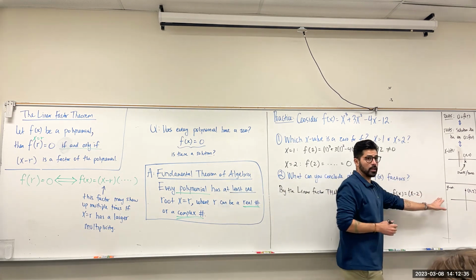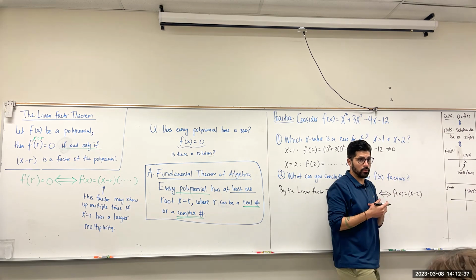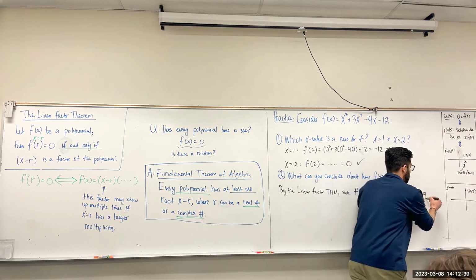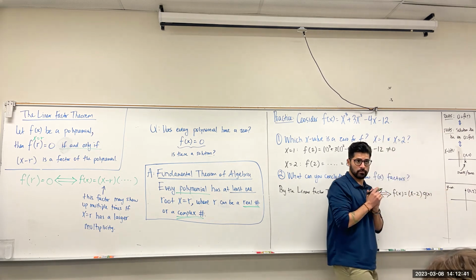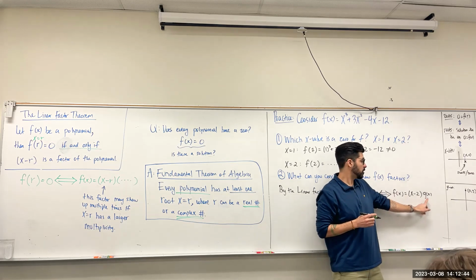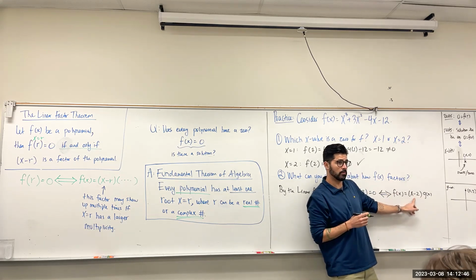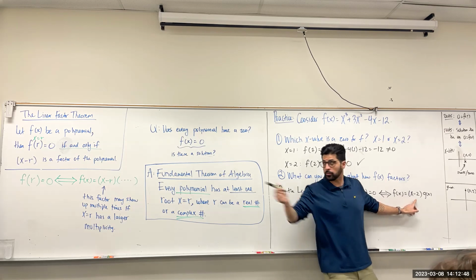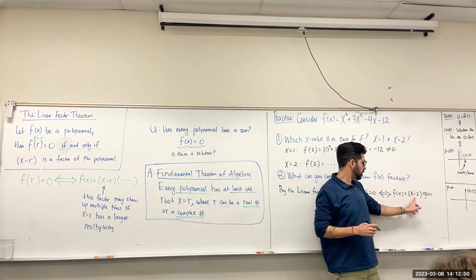And then what's over here? I won't know. Your textbook will just write a different polynomial function because we don't know what that one is. We just know this factor has to show up. That's what that theorem's saying.